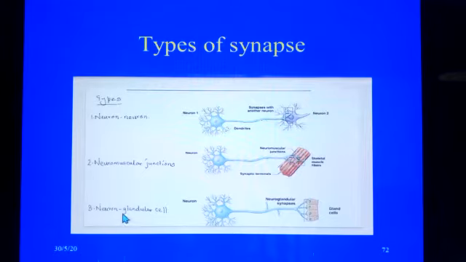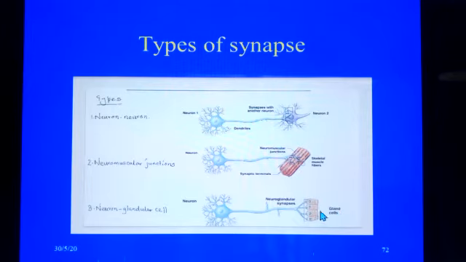The last one is the neuron joined to or coming closer to a gland. Remember, a gland secretes substances that can be used in other parts of the body. Secretions could be hormones, or substances that are needed for digestion, for example, saliva.